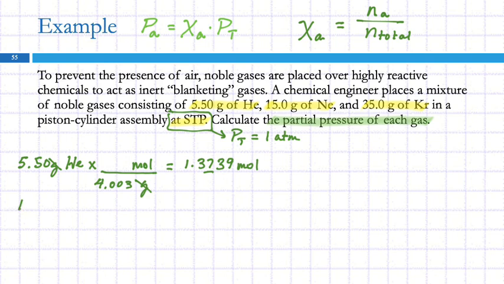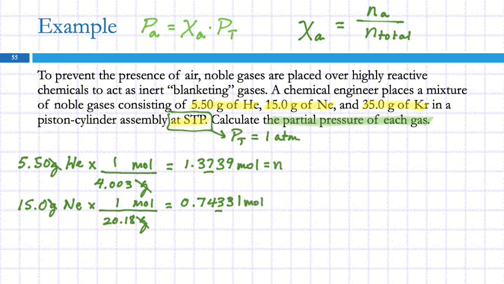So 15 grams of neon. It's a little tedious, but at least we're just doing the same thing and not having to come up with new things. So the mass of neon, 20.18. I should put ones in there. So 15 divided by 20.18 is 0.74331 moles.